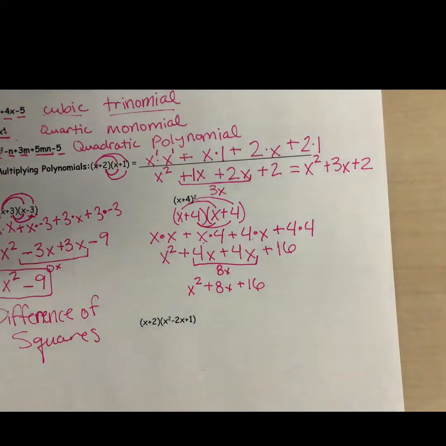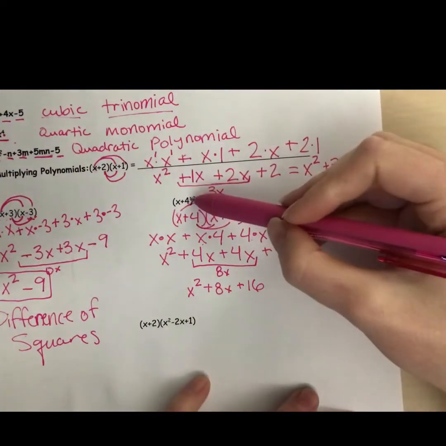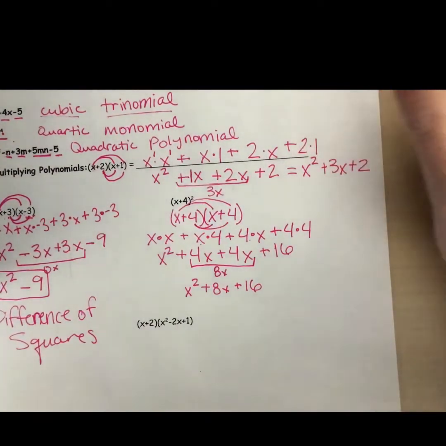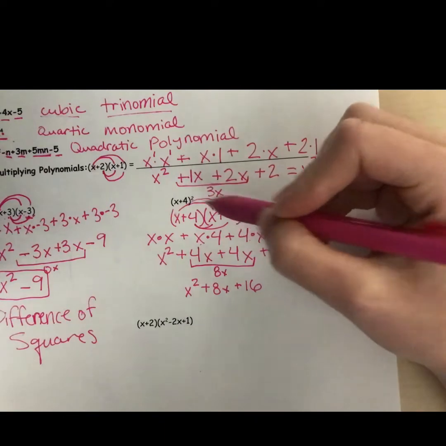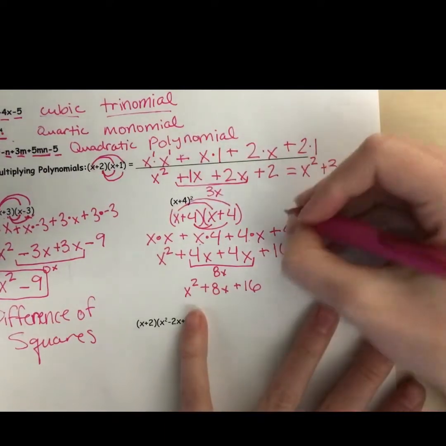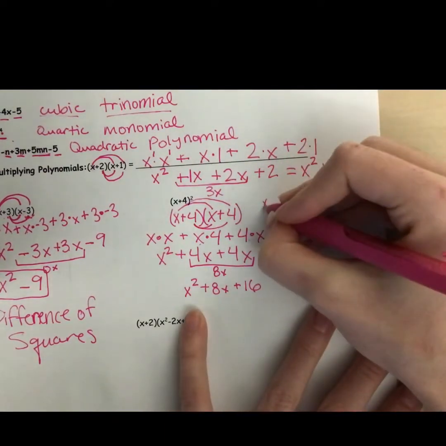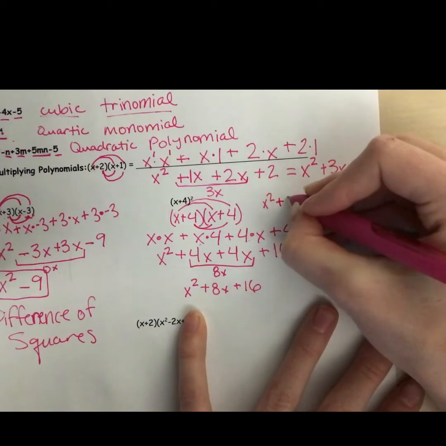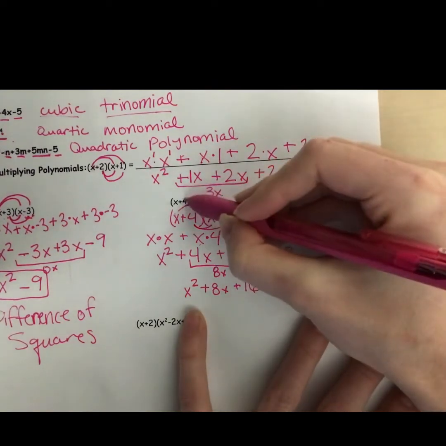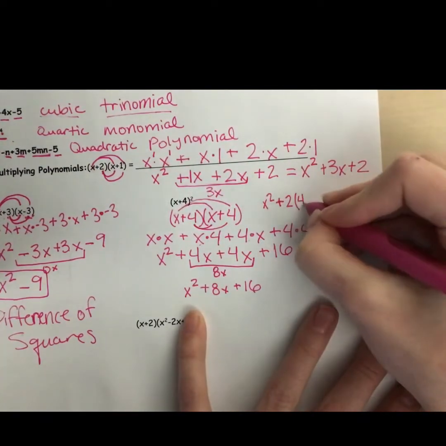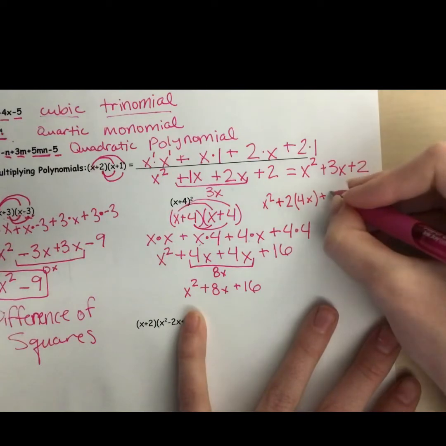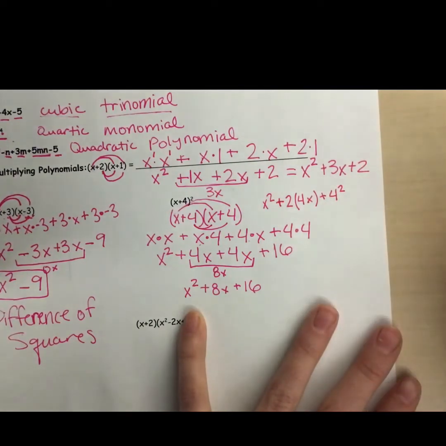Now, this is obviously what we would call a perfect square trinomial because we started off by squaring a binomial. One way that some people think of this is actually just having the x squared, then we add on 2 times each term multiplied together, 4 times x, and then you square that outside term, so 4 squared.